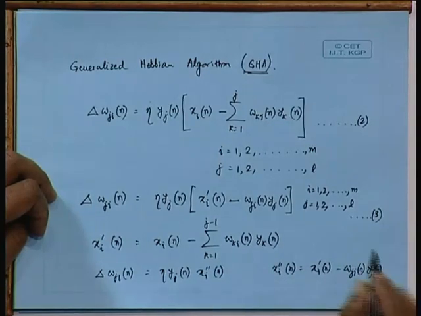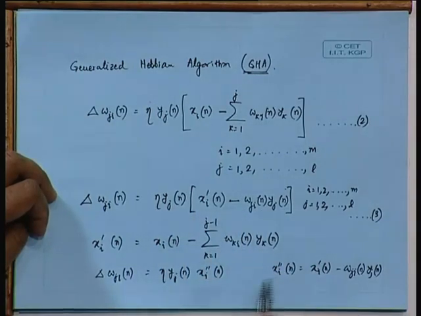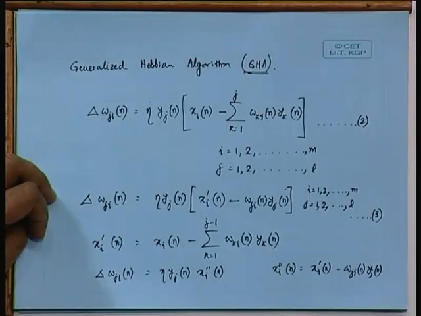Basically, the term within the square bracket is substituted by xi double prime n, which we have just defined. So, with this modified input, delta wji is equal to eta yj xi double prime n. This is the situation if we are looking for generalized Hebbian learning, with m inputs and L outputs.